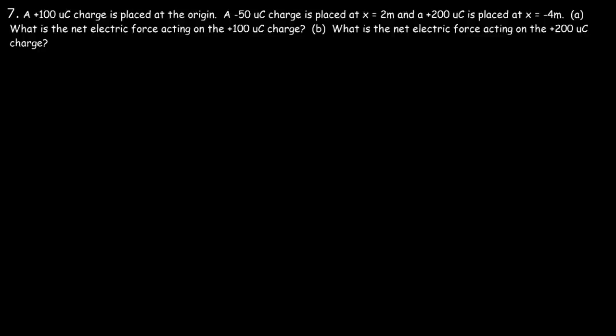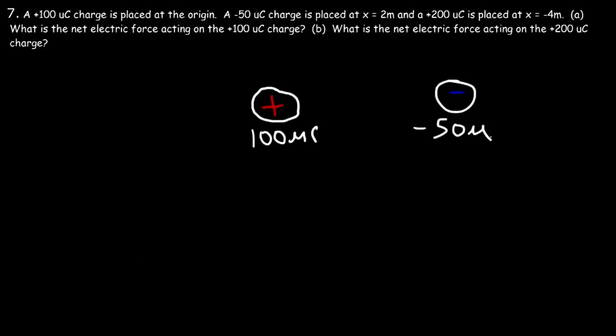Now the first thing we need to do is draw a picture. So we have a positive charge placed at the origin, and that's the 100 microcoulomb charge. And then at a position of 2 meters relative to the origin, we have a negative charge with a magnitude of negative 50 microcoulombs.